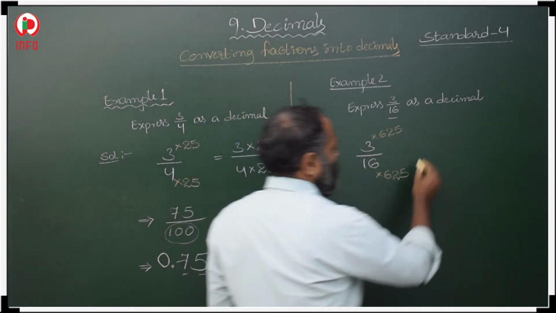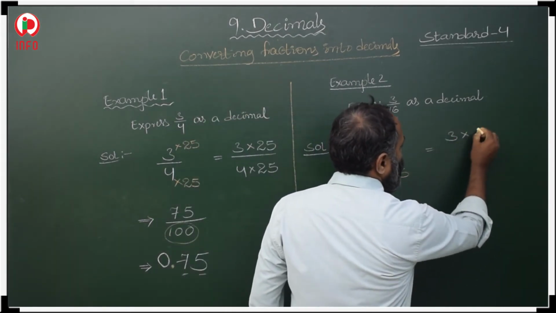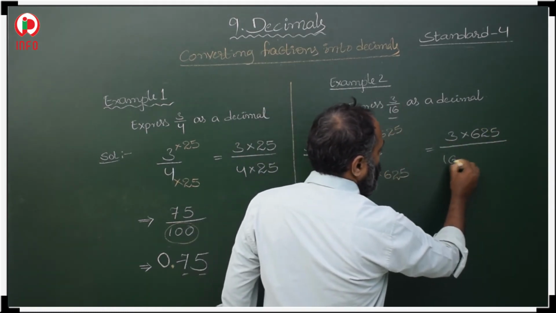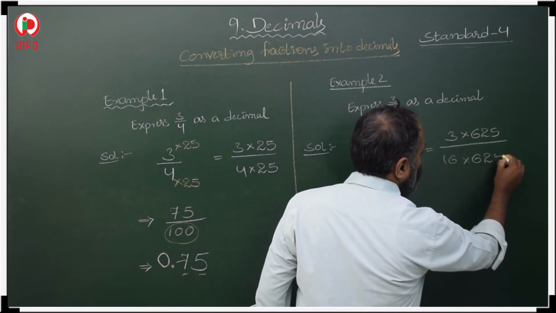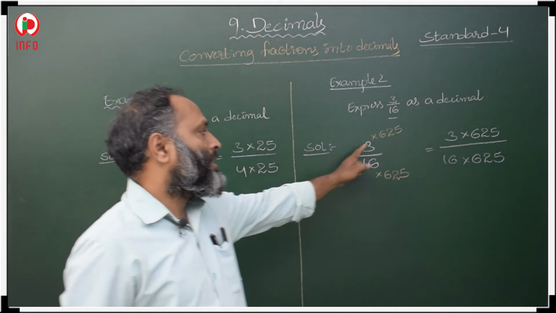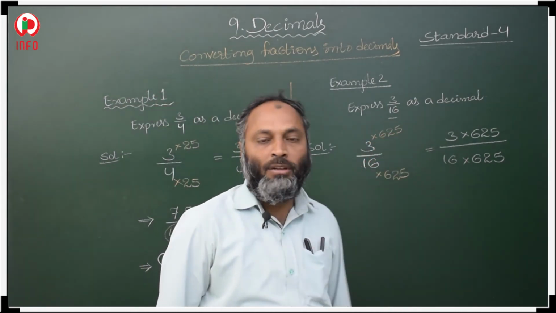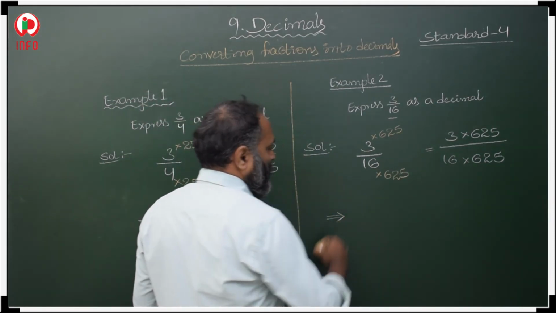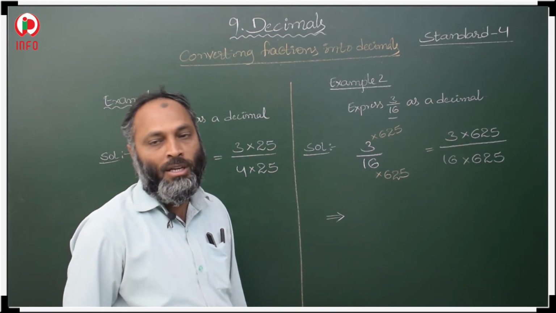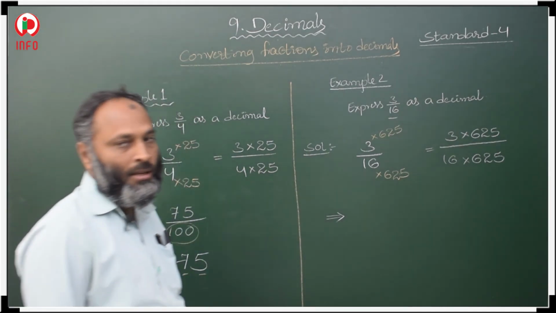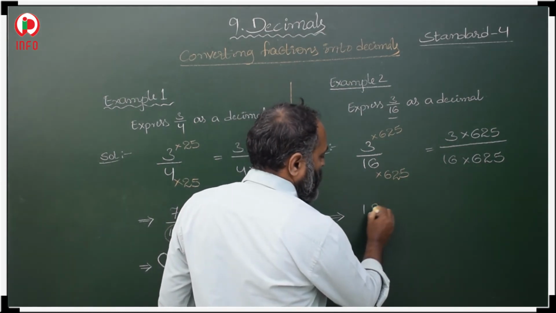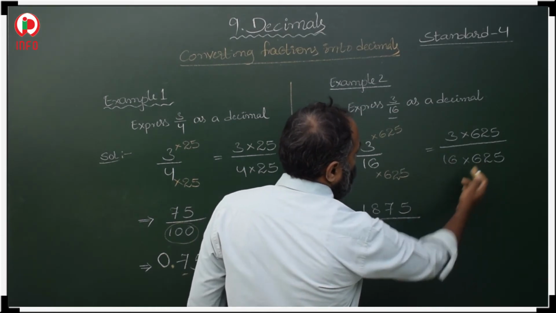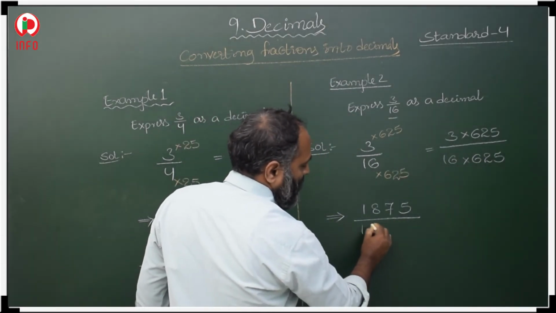So 3 into 625 by 16 into 625. Numerator with 625, denominator with 625, we have to multiply. Now multiply 625 with 3. What is your product? Your product is 1875 by 16 into 625, that is 10,000.